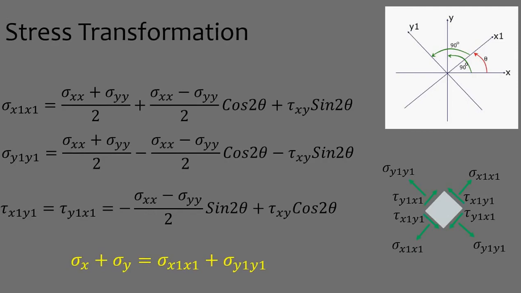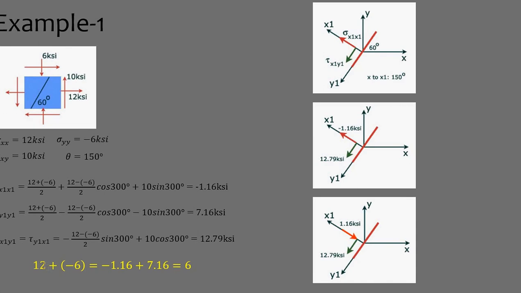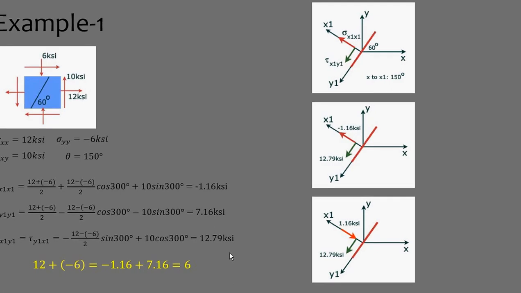A thing to remember is that in our equations, we have a check equation, where the original sigma x plus sigma y has to add up to the same amount as the transformed sigma x1 and sigma y1. So here we have our check going on. It's 12 minus 6 and -1.16 plus 7.16. They both come out to 6 ksi. So we know that this is working out properly.